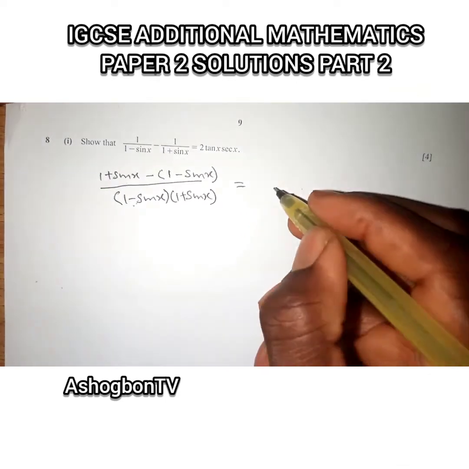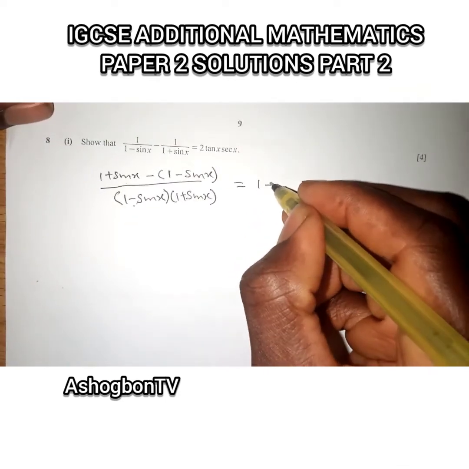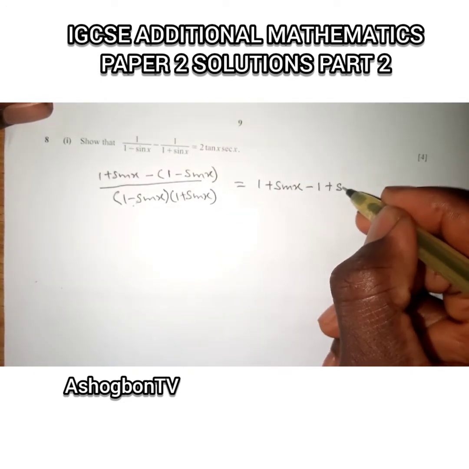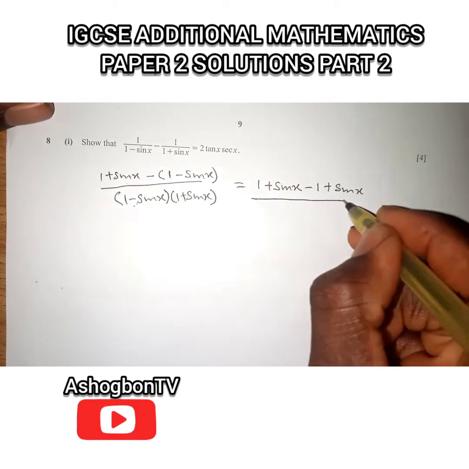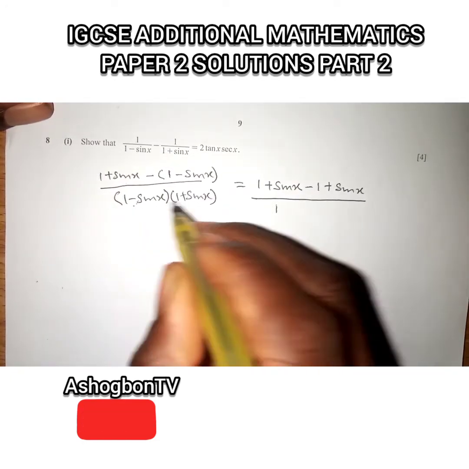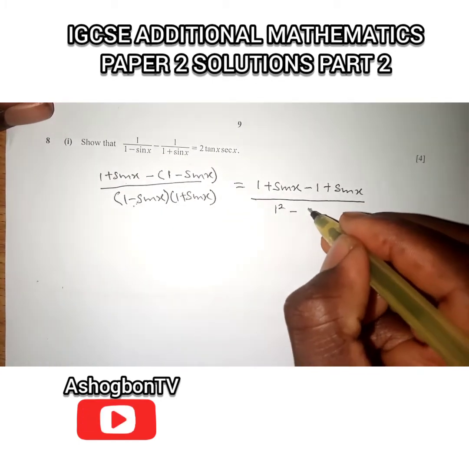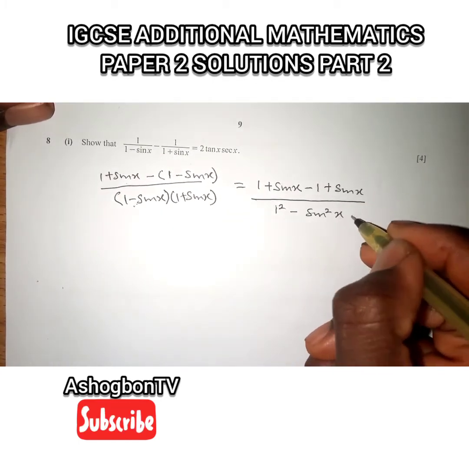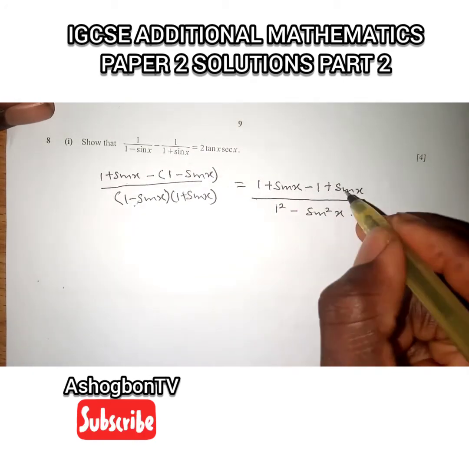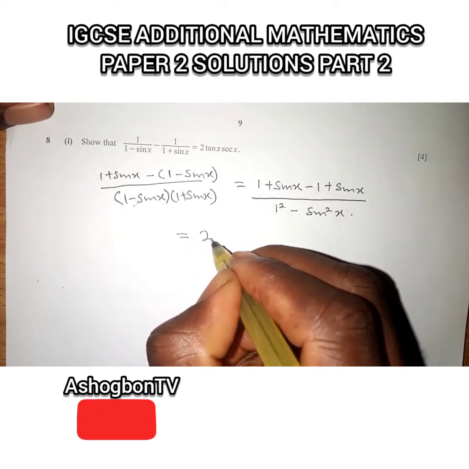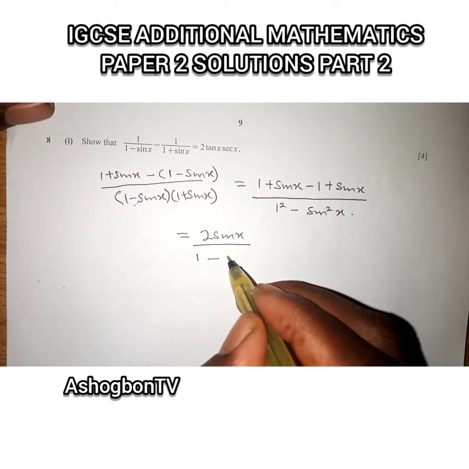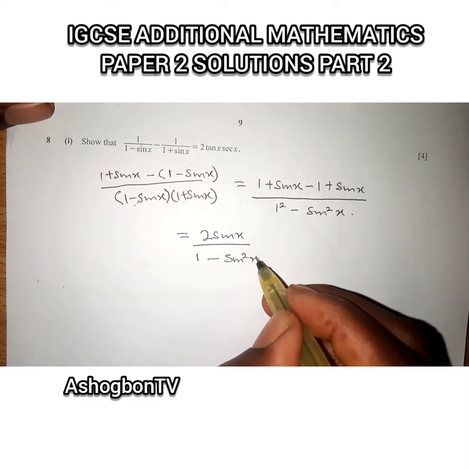So if that is the case, your answer here is going to be 1 plus sine x minus 1 plus sine x, all divided by 1. If you check this very well, you see this is difference of 2 squares, so you have 1 squared minus sine squared x. And if you do your calculation very well, 1 will cancel 1, so sine x plus sine x, the answer here should give 2 sine x over, this is 1 minus sine squared x.